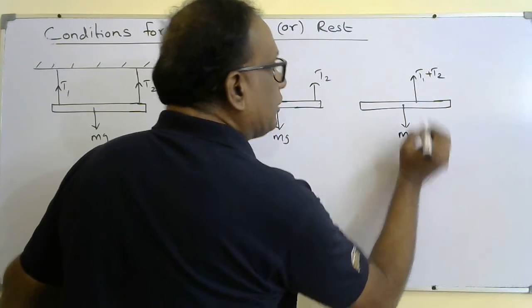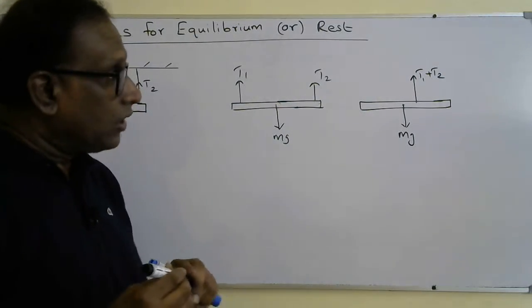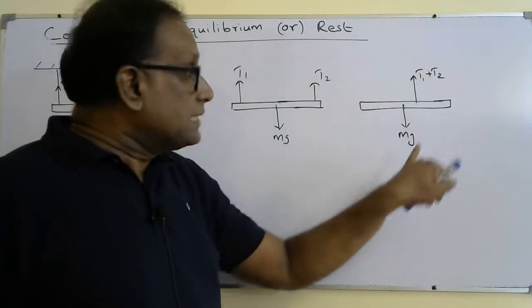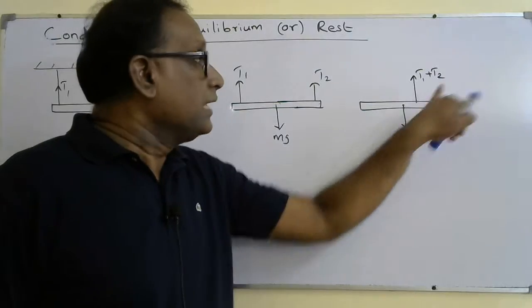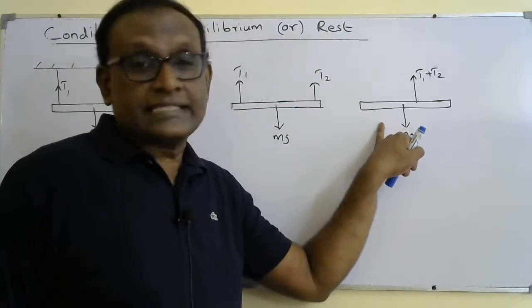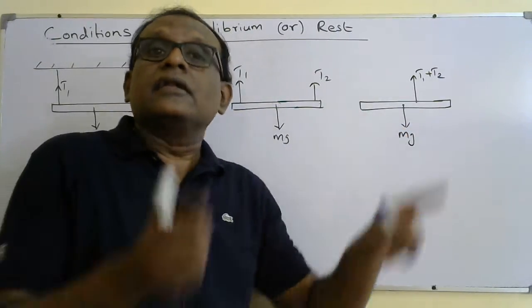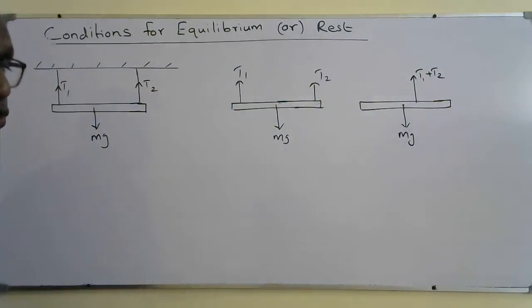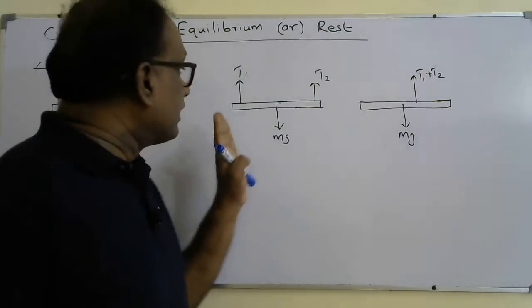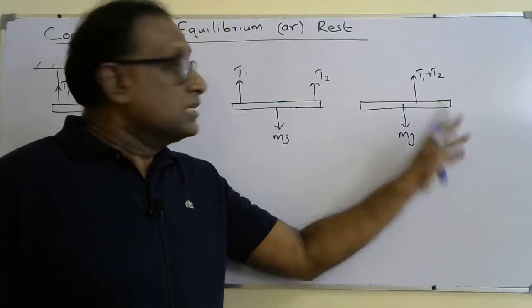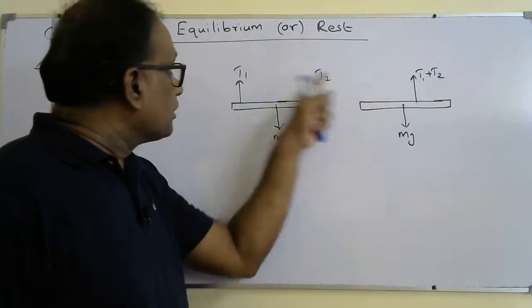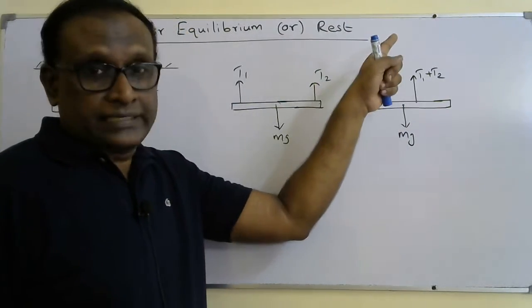The magnitude of T1 plus T2 could be same as mg, but they are not acting along the same line. So what will happen? It will rotate. Same as what I drew earlier for two forces. Now I had converted three forces to two forces. So T1 plus T2 is the resultant of these two forces. It's acting in upward direction.